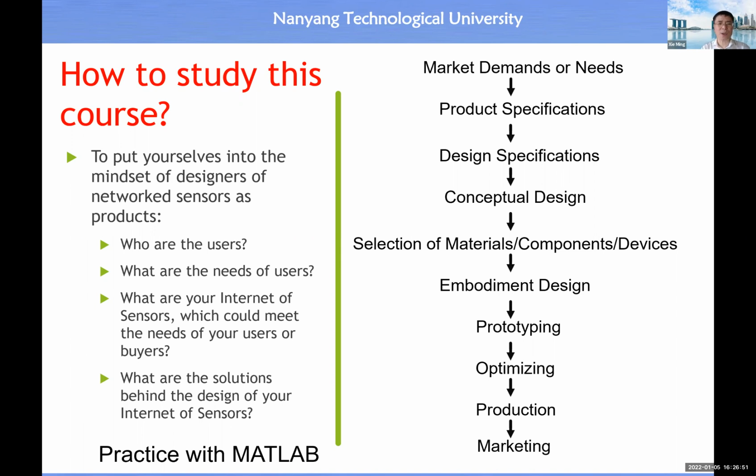So the answer to question number one should be obvious, right? The user include human being and also smart product, smart machine, and the smart system, all right? Then what are the needs from this user? The needs are the same. They want to have sensory data, all right?